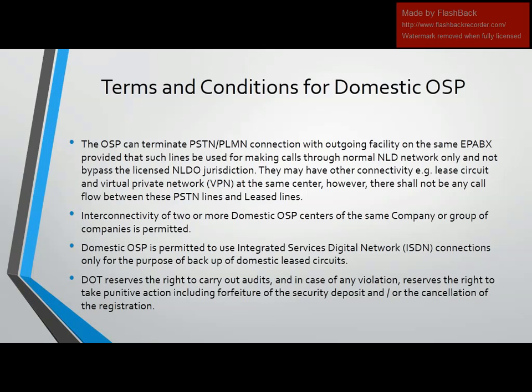DoT reserves the right to carry out audits and, in case of any violation, reserves the right to take punitive action, including forfeiture of the security deposit or cancellation of the registration.